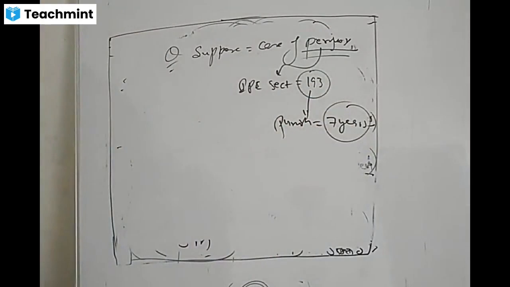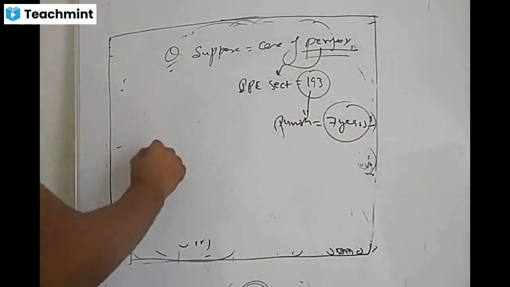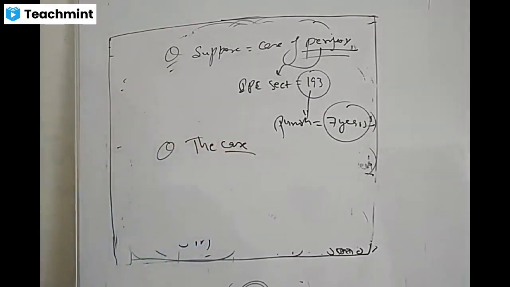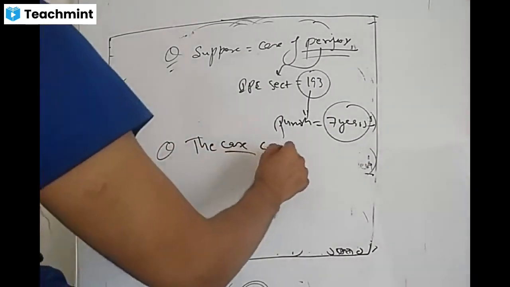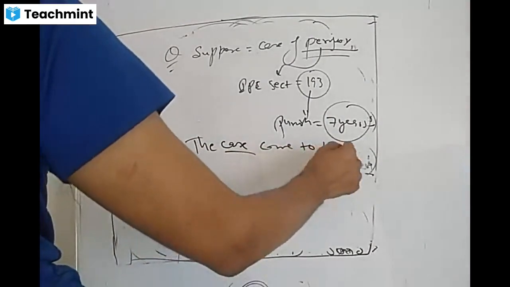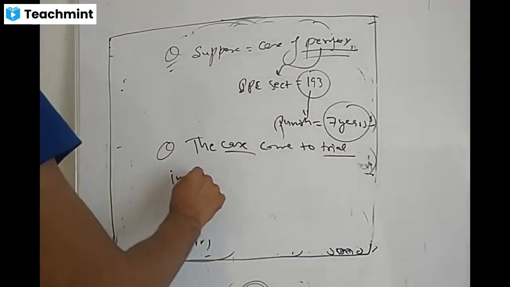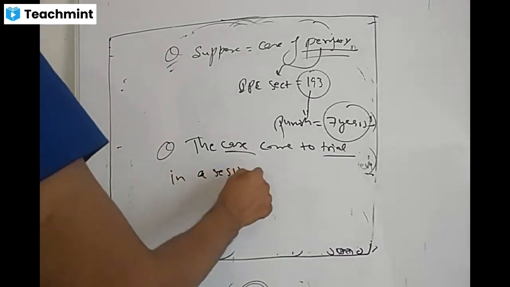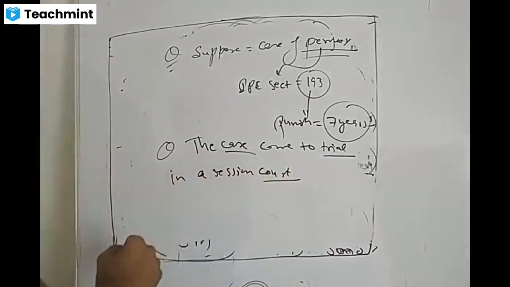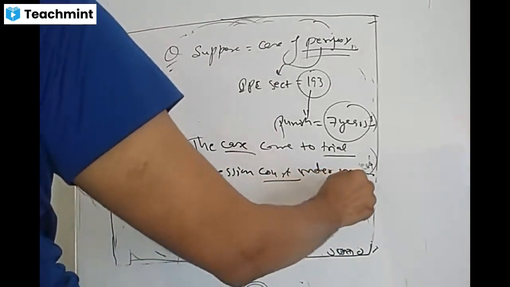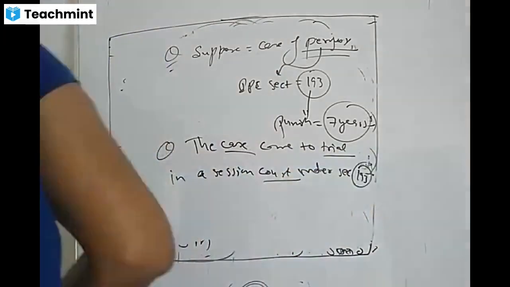Then my question is, the case of perjury comes to trial in a session court under section 193 IPC.